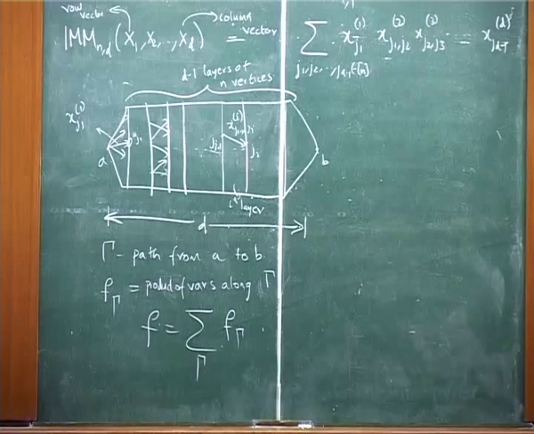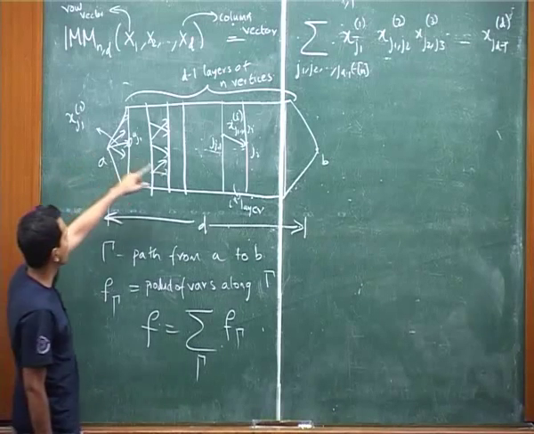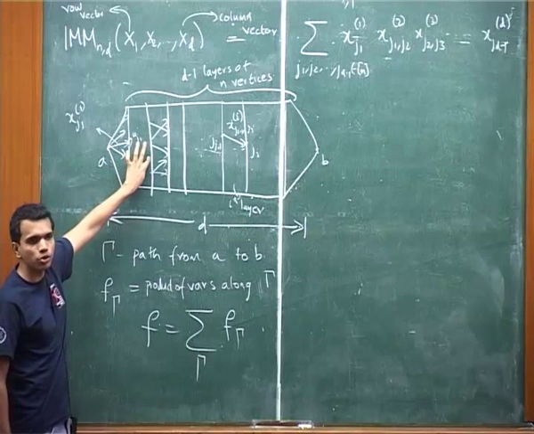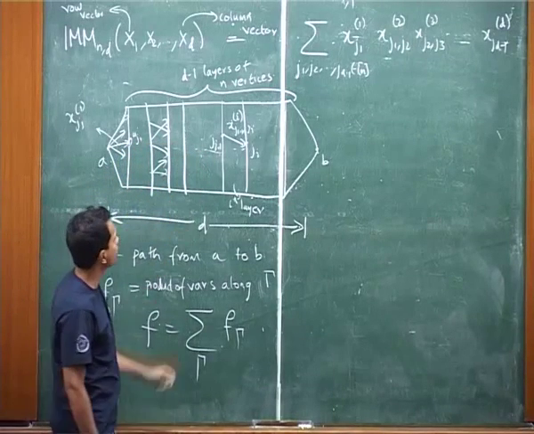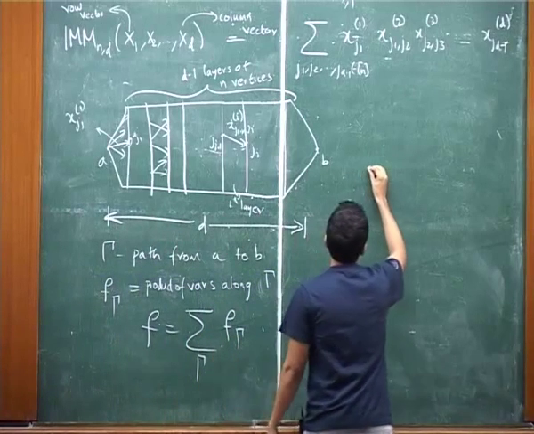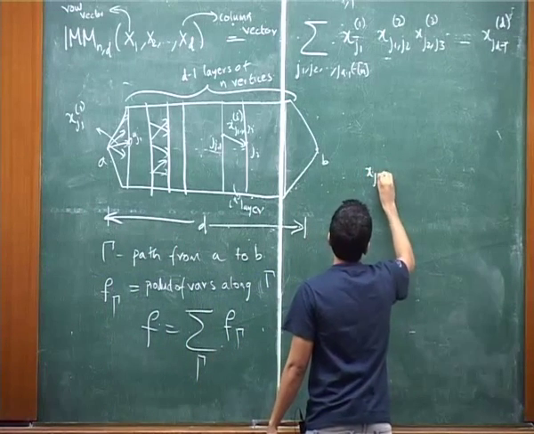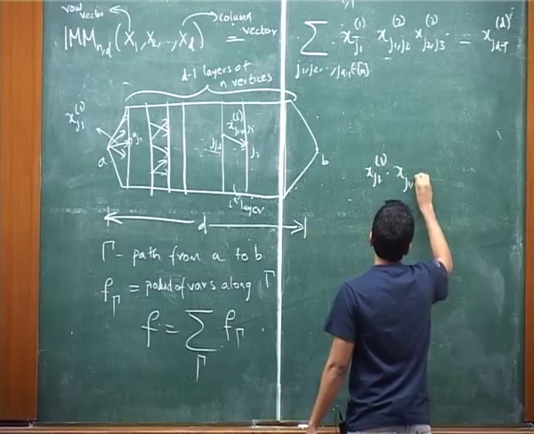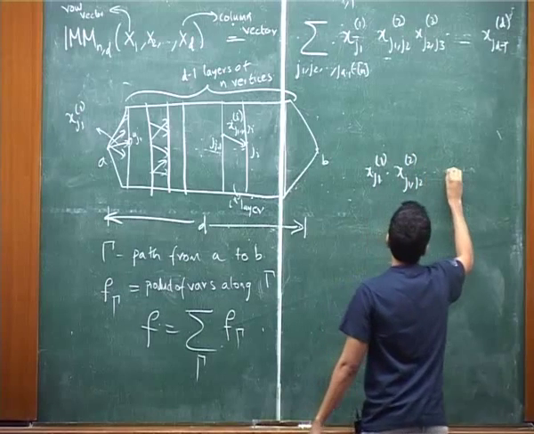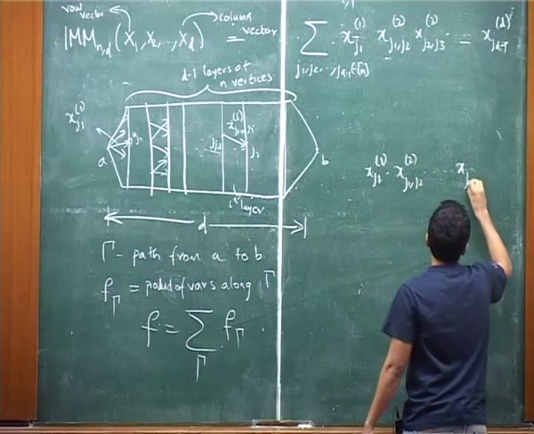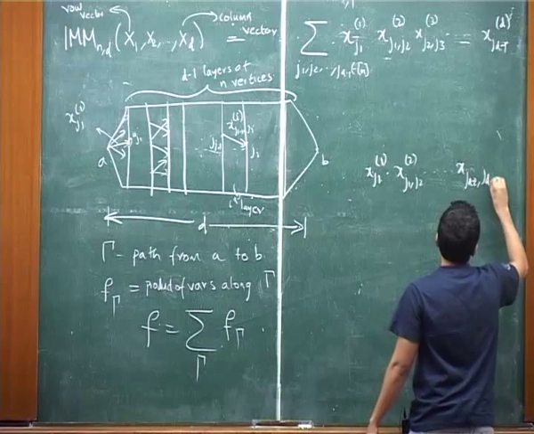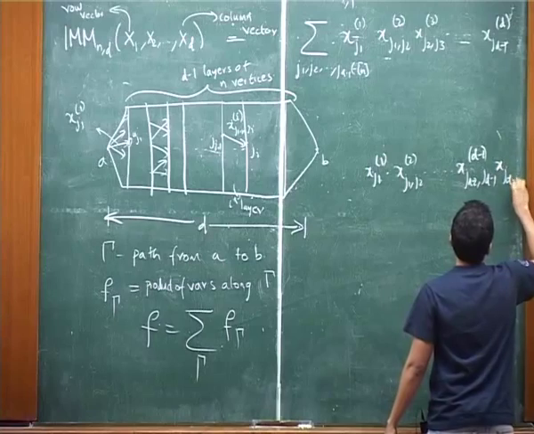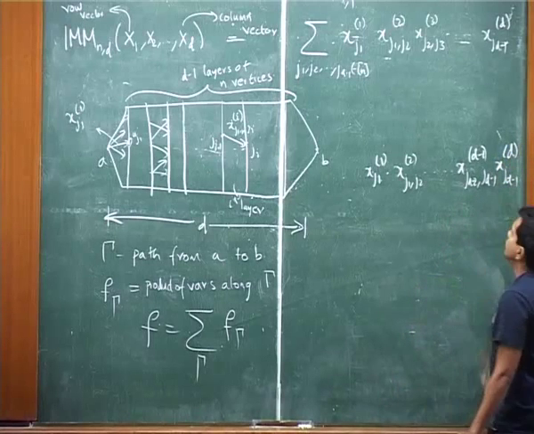In this case, choosing a path from A to B is choosing a j1th vertex to go to here, then a j2th vertex to go to here, and so on. If I do that, you will see that to go to the j1th vertex I get this weight, to go from the j1 to the j2th vertex on the next layer I get this weight, and so on, up to the d minus 1th.